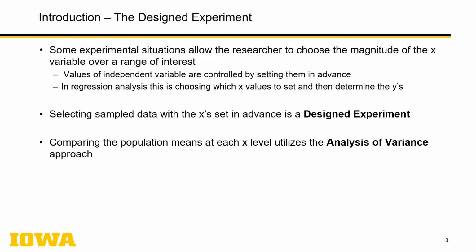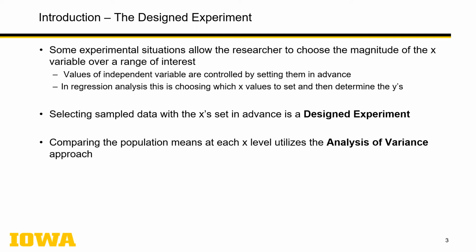So this entire series that is associated with an ANOVA analysis is predicated upon the assumption that you, the researcher, have this kind of control over your experimental situation, and that the values of the independent variable, this x, are controlled by setting them in advance. You know what they are, and you're going to establish this as kind of the protocol of your experiment.